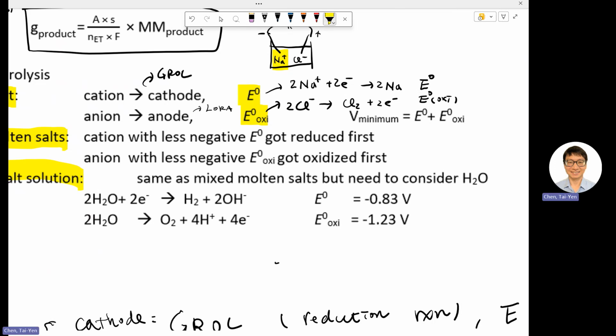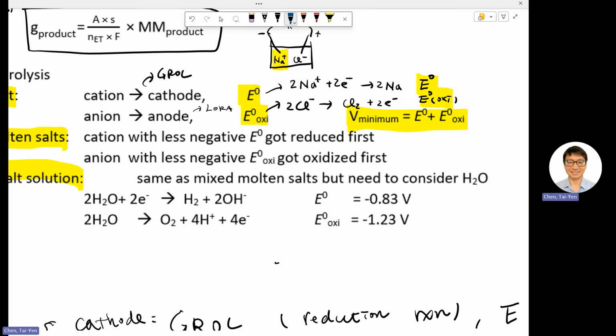The thing that will always be asked for this type of question is what is the minimum voltage you need to apply so that you can make this reaction occur. The way you calculate that minimum voltage is simply the sum of these two half reactions.